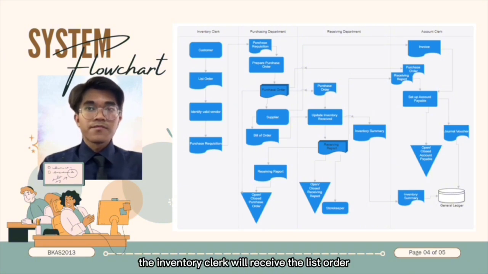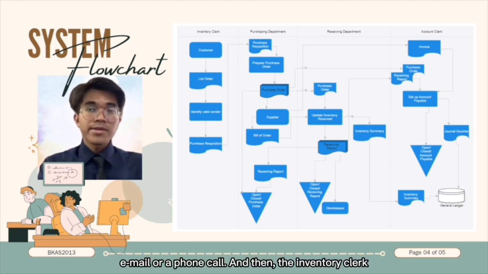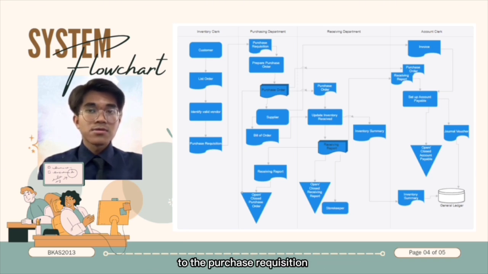The inventory clerk will receive the list order from the customer via email or phone call, and then find valid vendors to supply the company's needs. The inventory clerk will also prepare a purchase requisition upon approval of the list order, and then send the purchase requisition to the purchasing department.